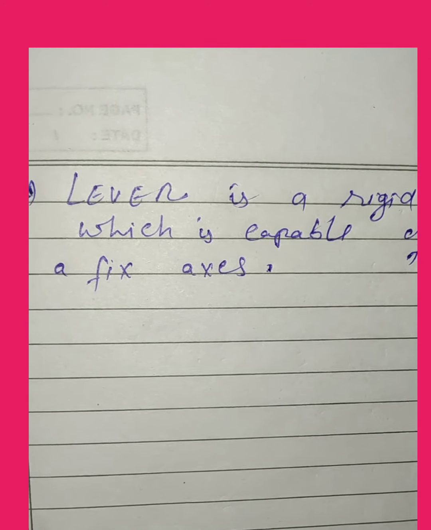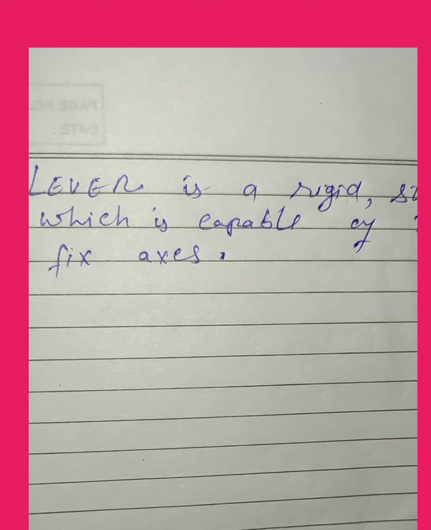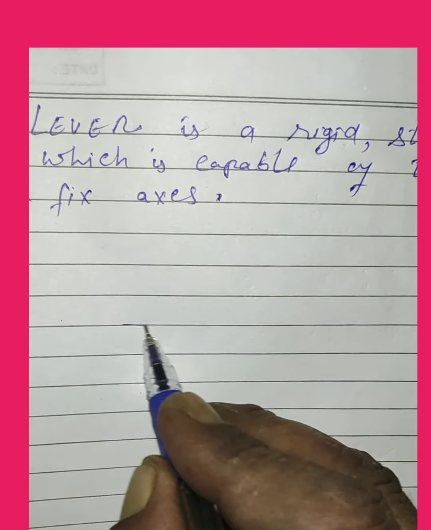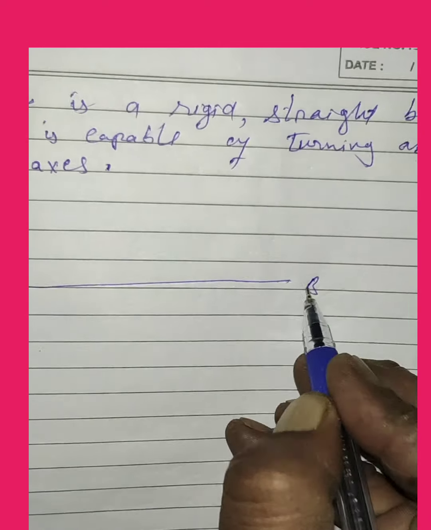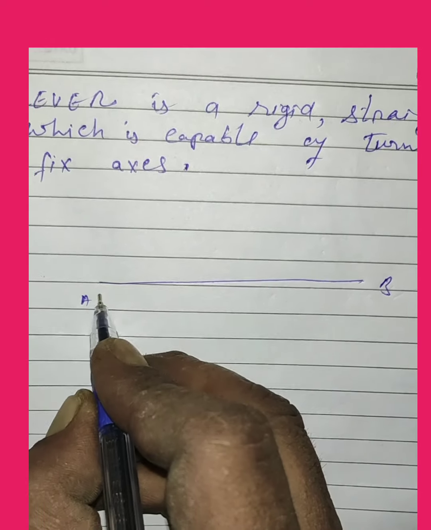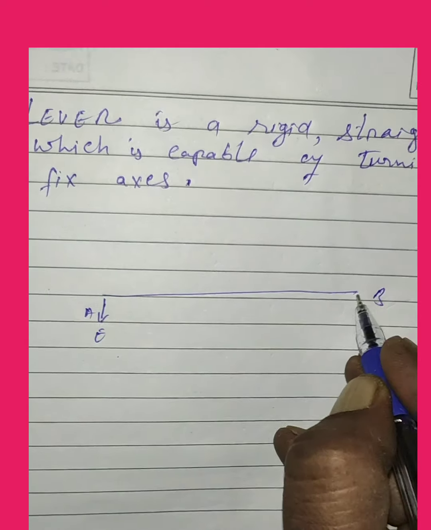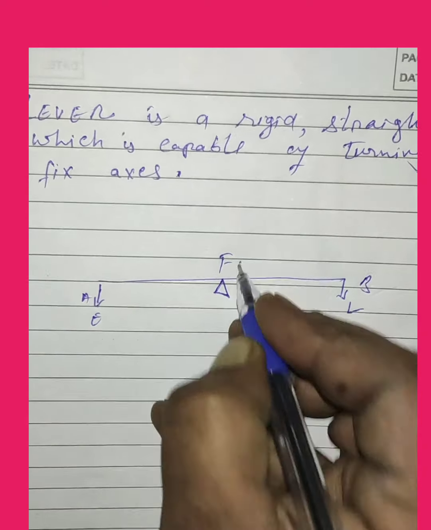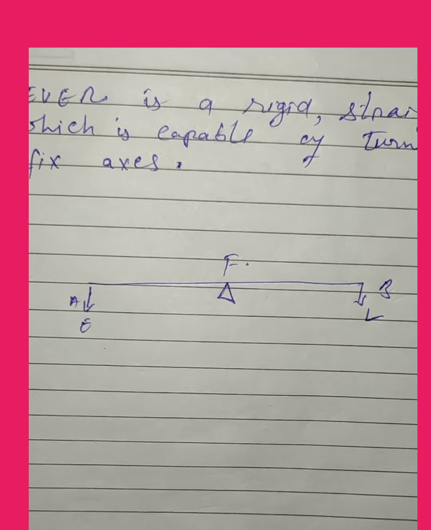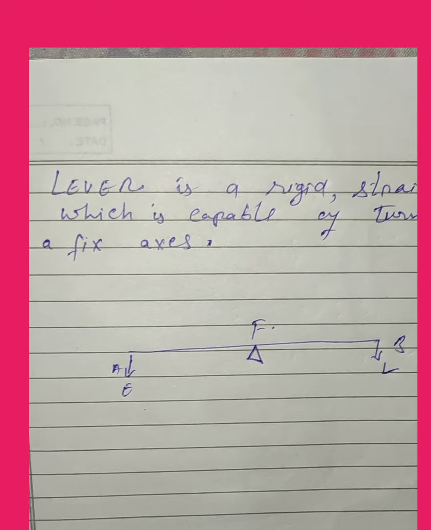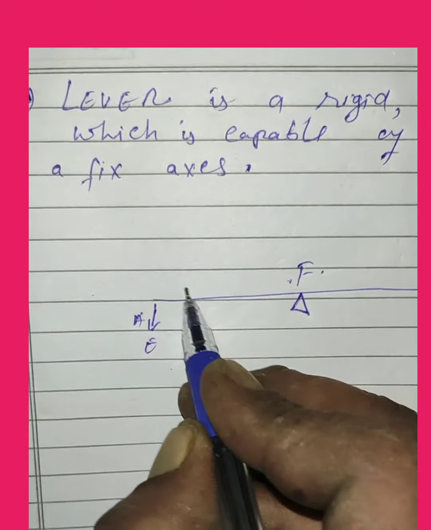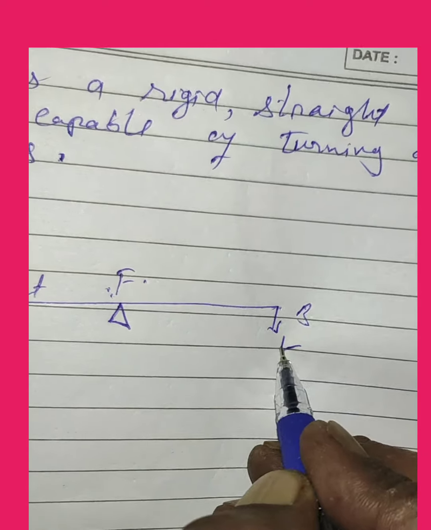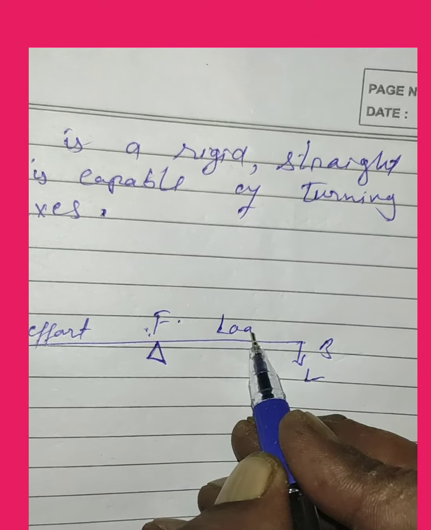So now the principle of a lever, or we can say the mechanical advantage of a lever. If you consider a rod AB, its one end has the effort and the other end has the load, and the center, which is fixed, is called its fulcrum. This type of lever is called a first class lever. Fulcrum to A is called the effort arm, and from the fulcrum to B, the load, is called the load arm.